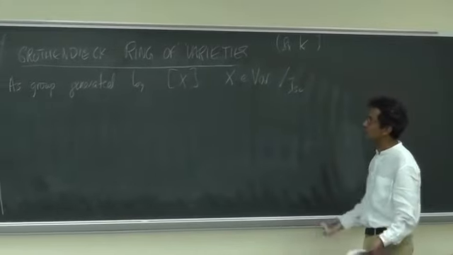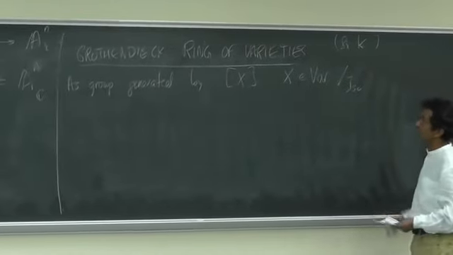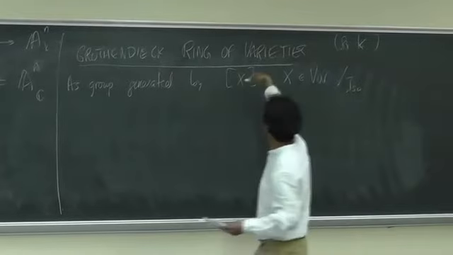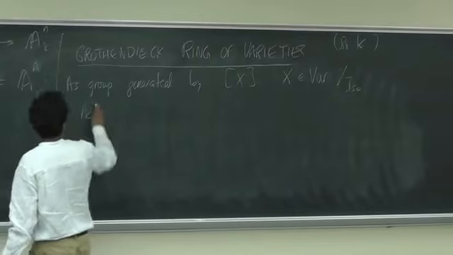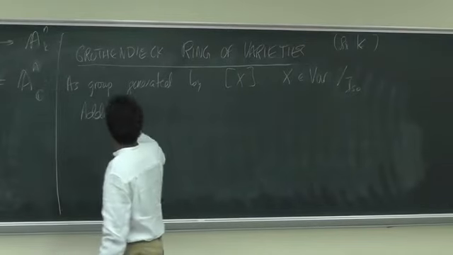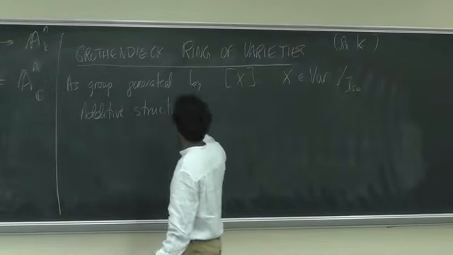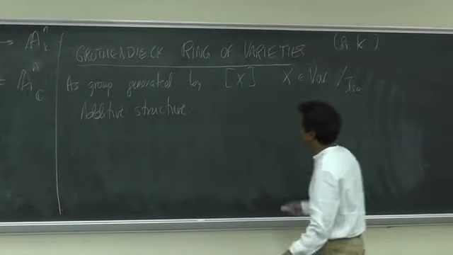So as a group it's an abelian group, I should say. It's a ring, so as an additive group, it's generated by these. I'll tell you how to add. The additive structure is generated by the following thing.